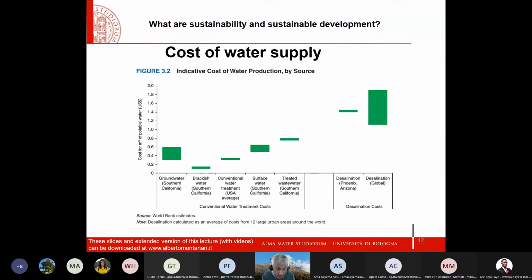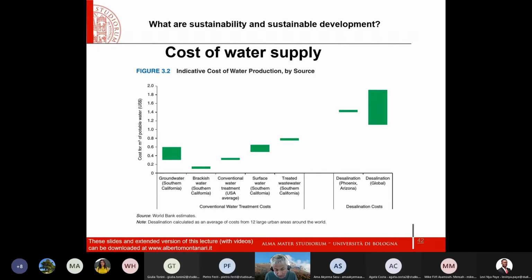This is another perspective. We talked about the economic perspective before. Now I'm talking about the sustainability of the source. And when you plan management of water resources, you have to plan by taking into account all of this information. You also have to take into account the costs that are needed to bring the water to the people.